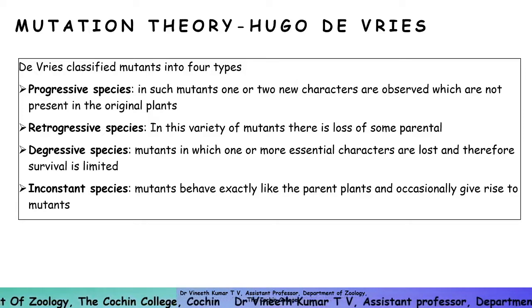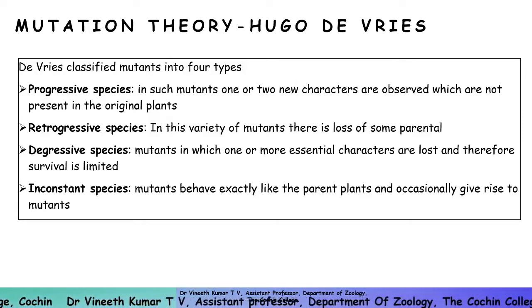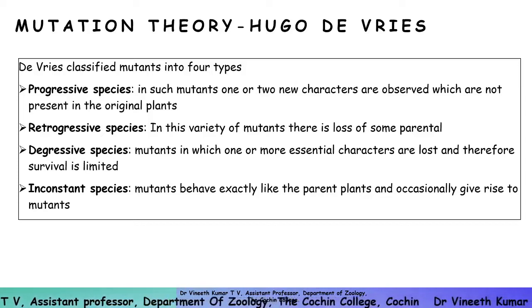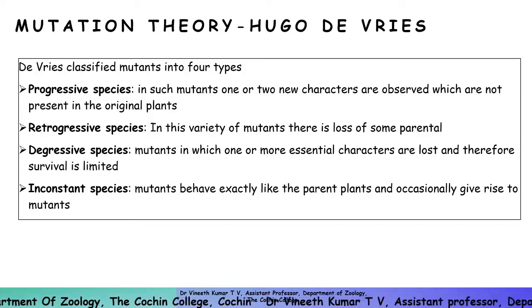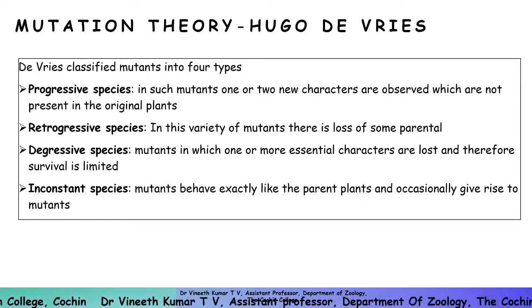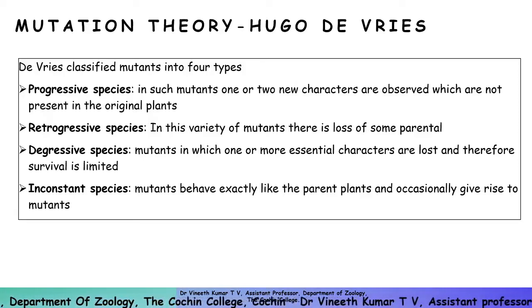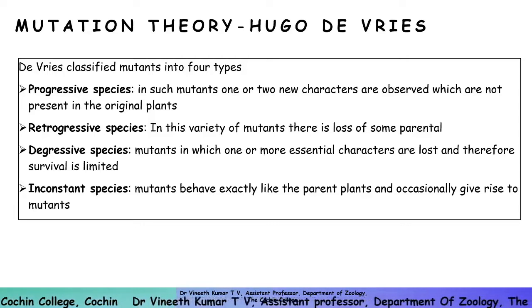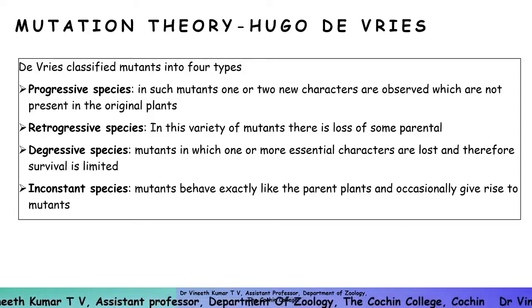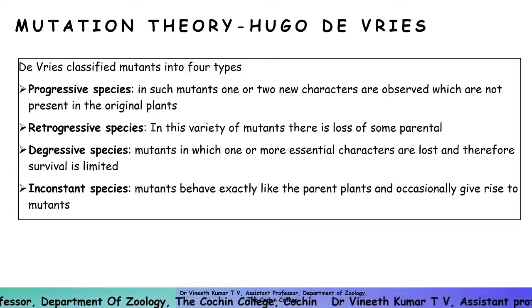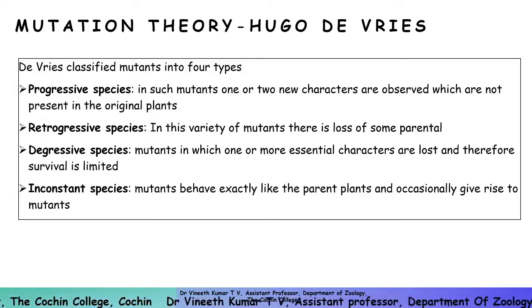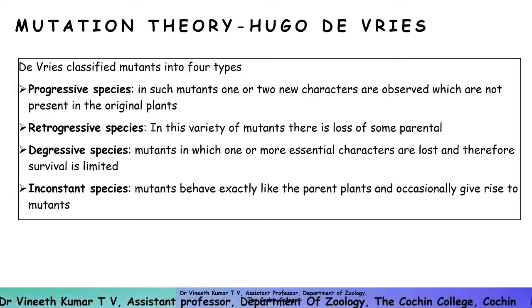Digressive can also be considered a category of retrogressive. They are losing some features of the parents, but the features lost are essential for their survival, because without them their survival might be impaired. Such mutants are referred to as digressive species.